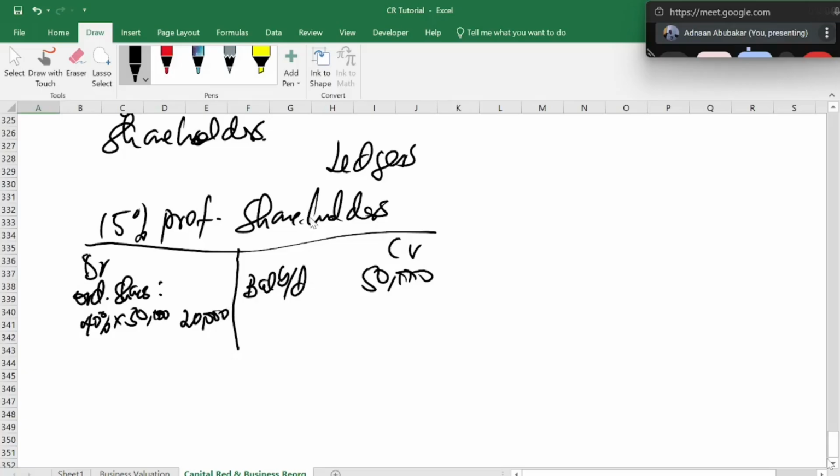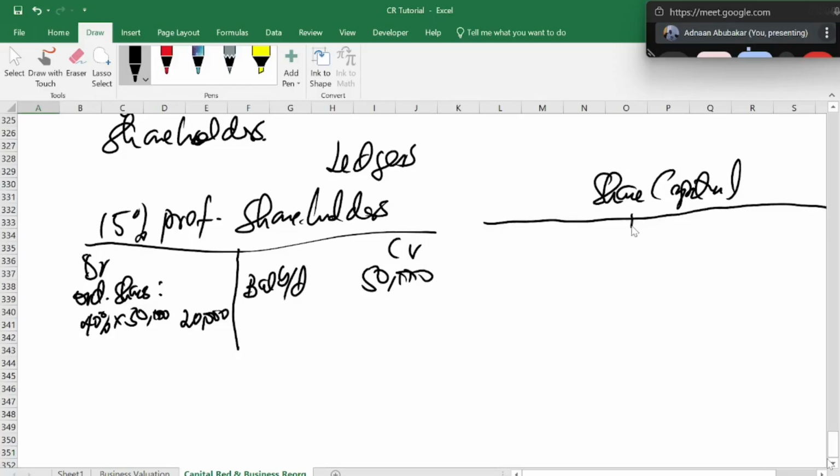Now, the corresponding entry is share capital. They are converting it to become ordinary shareholders. So you have your credit and your debit here. Here you have your balance brought down of capital of 460,000.